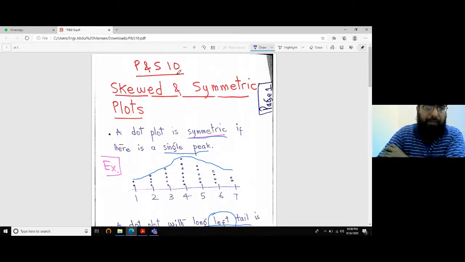That will be an exercise, some laboratory or practical work of what we have studied. With this lecture, P&S10, we have completed all the theory described about different types of plots in chapter number 1. So after P&S11, from P&S12, we will start chapter number 2.